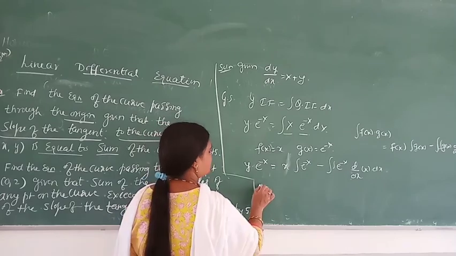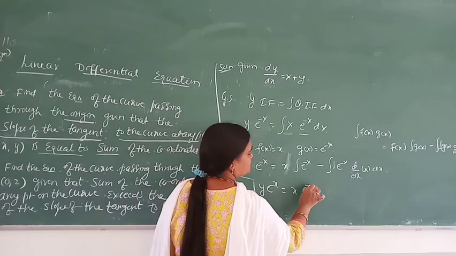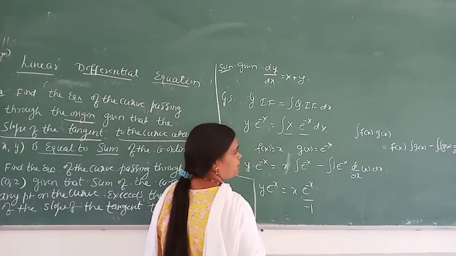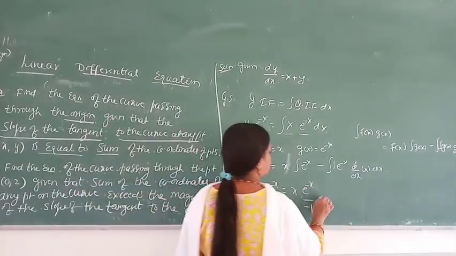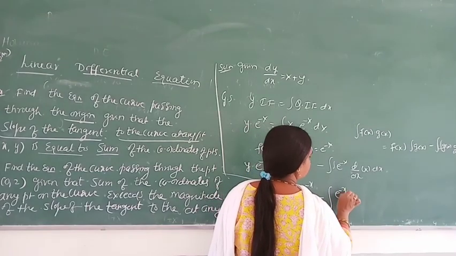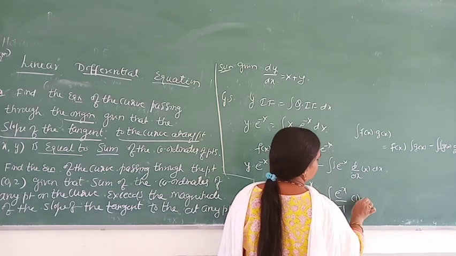Then we can write this as x into e^(-x). The integration of e^(-x) is e^(-x) by minus 1, because of function of a function, minus the integral of e^(-x) by minus 1. The differential of x is 1 dx.